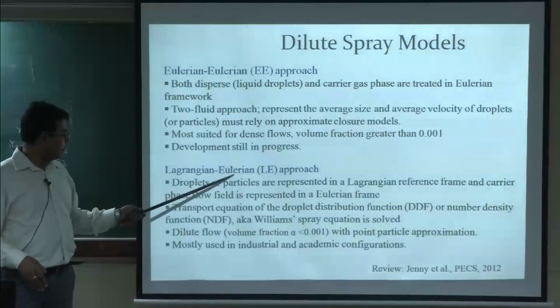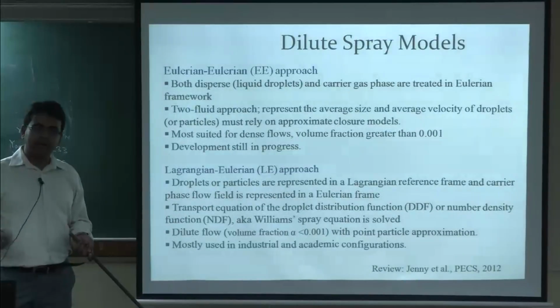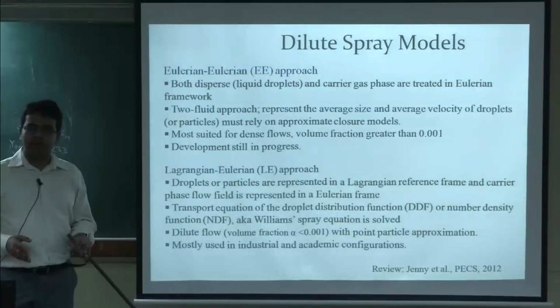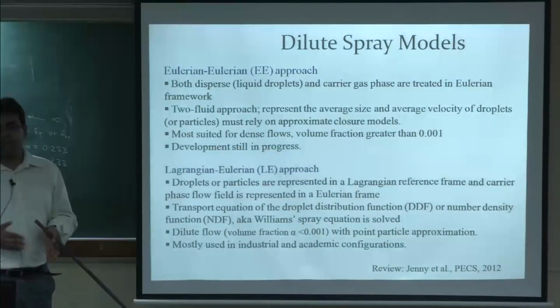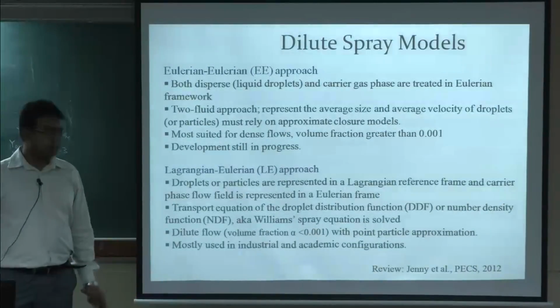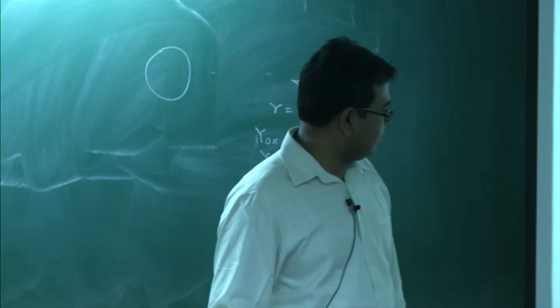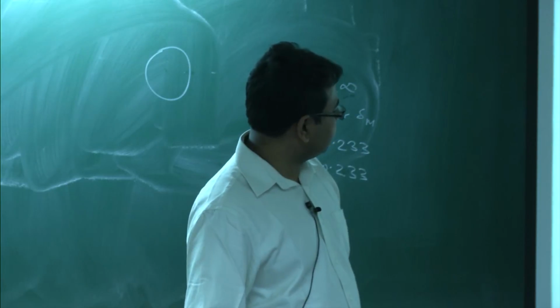But where you have a lot of particles in your system, you need to track them throughout the domain, and you can expect significant difficulty in parallelization of the code. So, that is quite challenging in the Lagrangian-Eulerian approach. Some of the comparisons are given here.